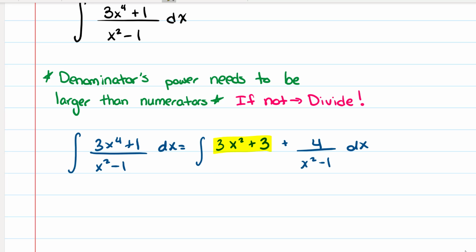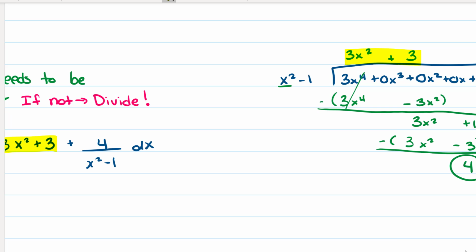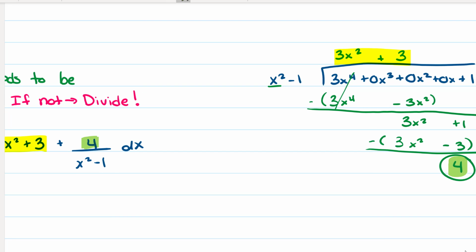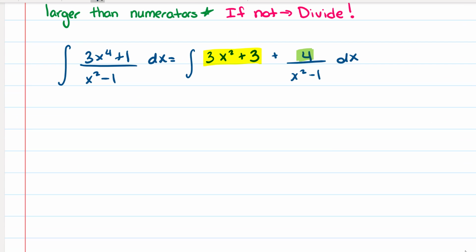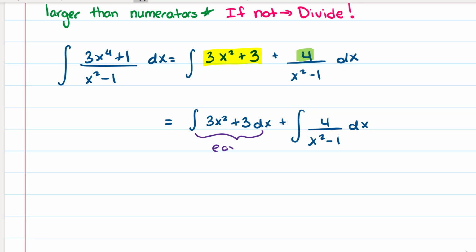This piece came from the long division, and the 4 in the numerator came from the remainder. Now we can use our integral properties to break that up. This becomes the integral of 3x squared plus 3 dx plus the integral of 4 over x squared minus 1 dx. For the first portion, it's just regular integration. But for this part, we're going to need partial fractions.